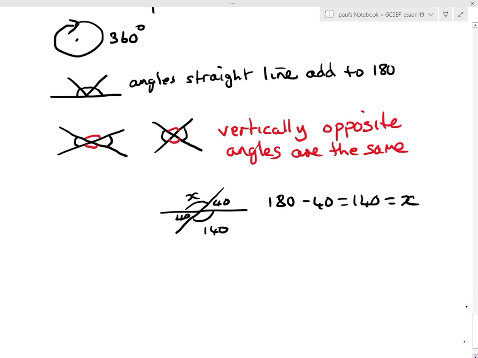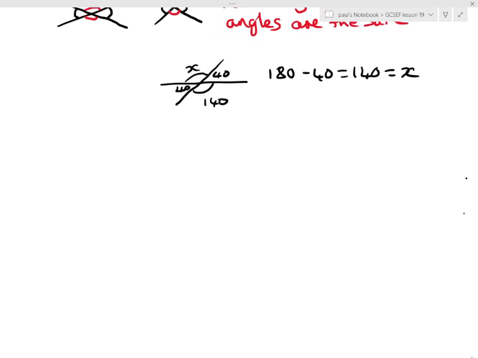Now this followed through, we get two parallel lines, and there's a little angle chevron thing, and we get a line like this. So this is 40, right?